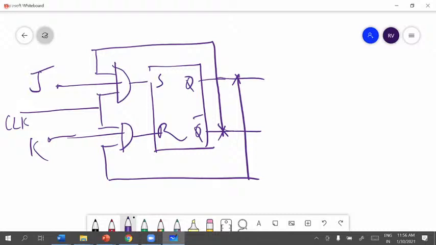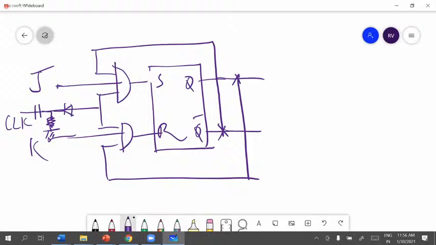We don't give the clock signal directly like this. We use a differentiator here. A differentiator means capacitance is there, resistance is there. We build the differentiator circuit here, and we introduce one diode here.